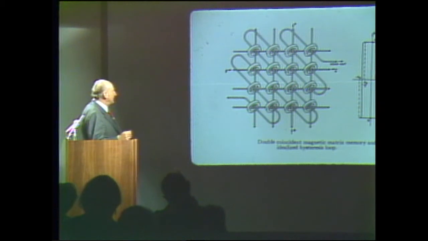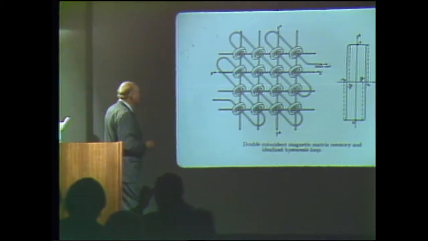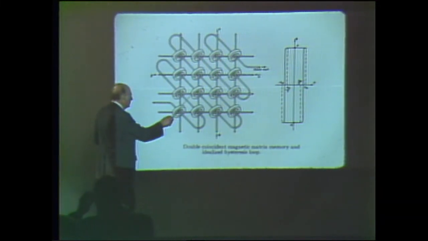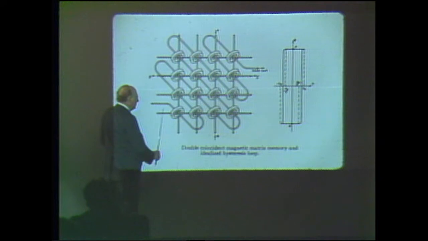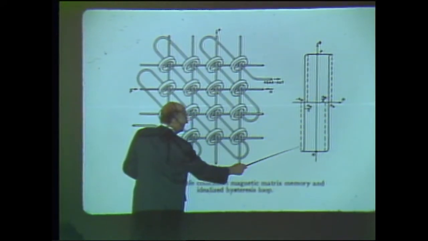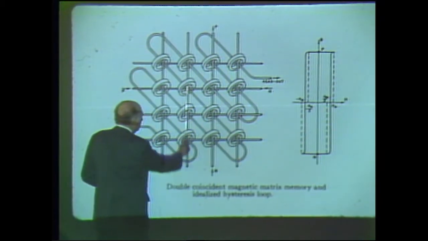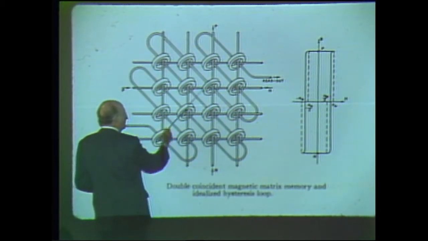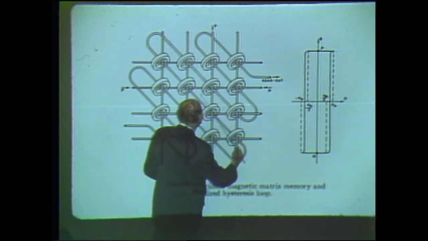Well, now the main question is that if you have many of these in an array, you'd like to have one change but not the others. And so the idea is that you put a current that tries to drive it positive, only half the value that's required to turn it over in one wire, and then it's half in the other. And if you put them together in coincidence, they will switch the core.